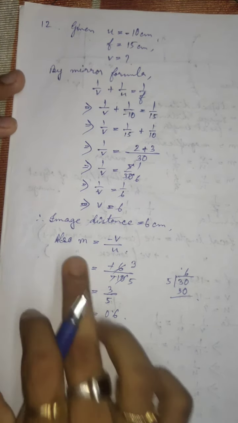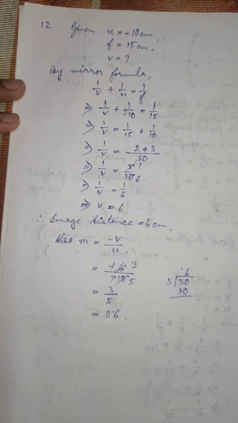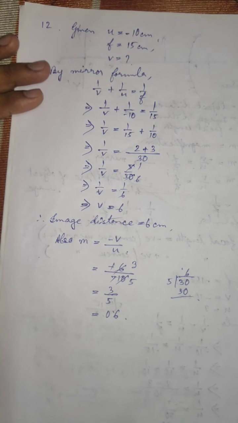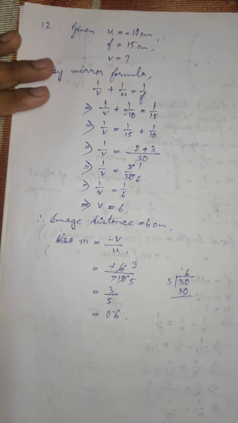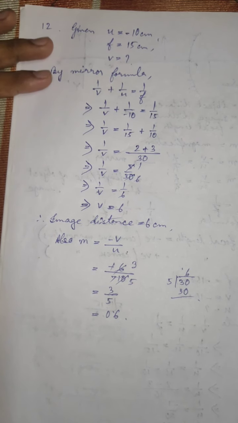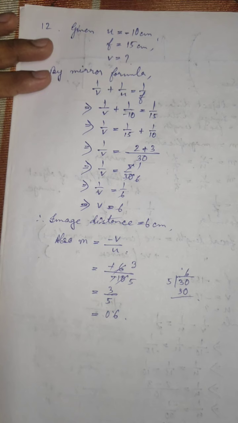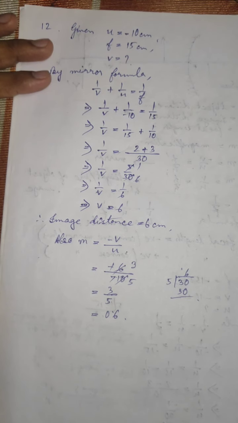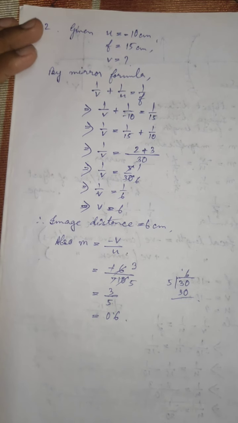And what does the positive value of the magnification indicate? The image is virtual and erect. If it is negative, then it is real and inverted. Already I told you. If you go through the sign convention part of your book, you will get this. So positive value of magnification indicates that image is virtual and erect. Whether it is virtual and erect or real and inverted, this is called the nature of the image.